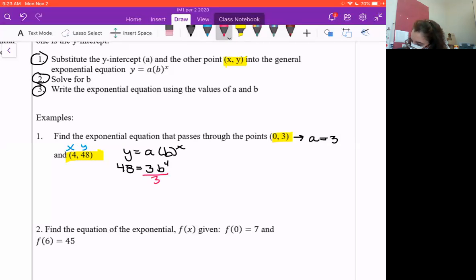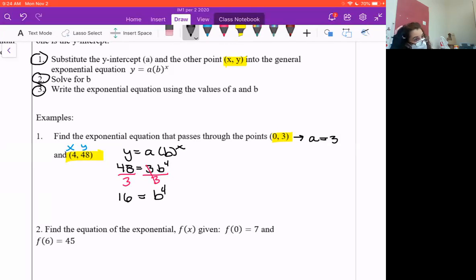There's no addition or subtraction here, but there is a multiplication. So we're going to move that 3 out of our way by dividing. 48 divided by 3 is 16. And then over here we have b to the 4th. The next thing we're going to do is get rid of the exponent, so we have to undo the exponent.